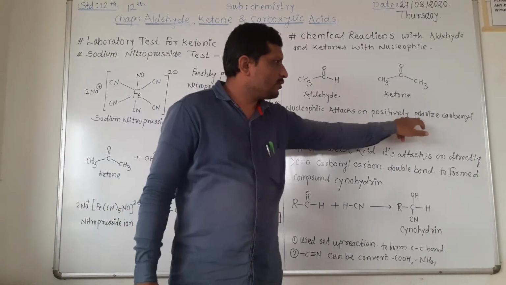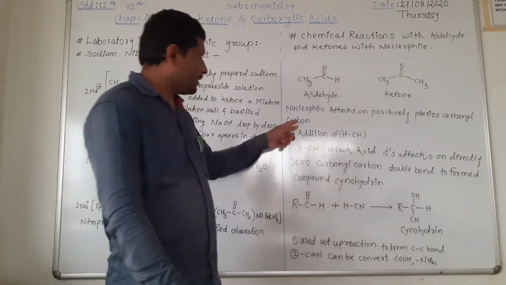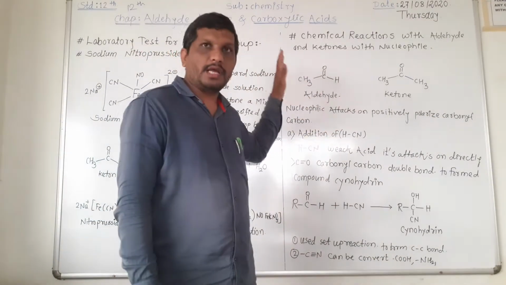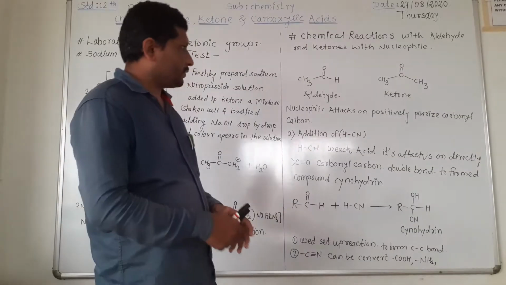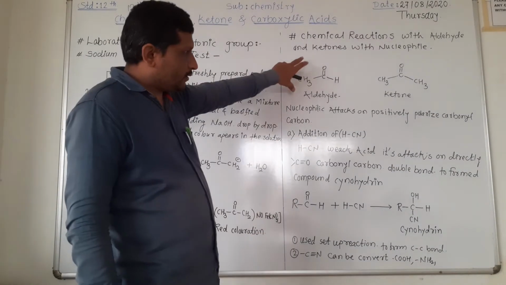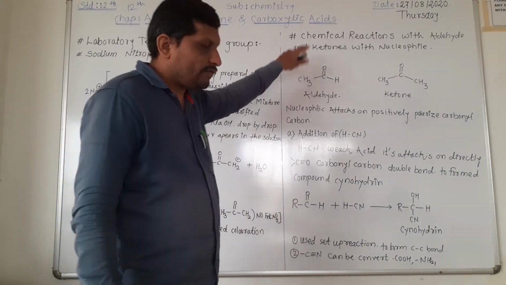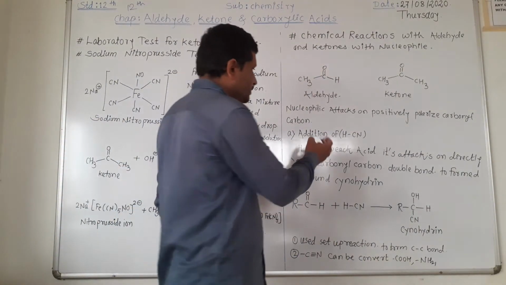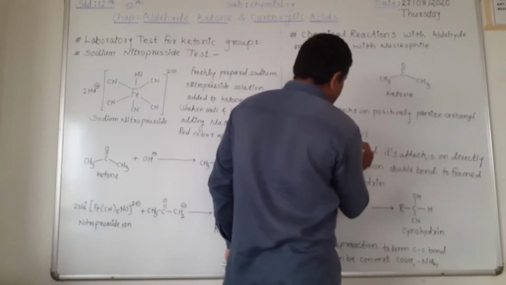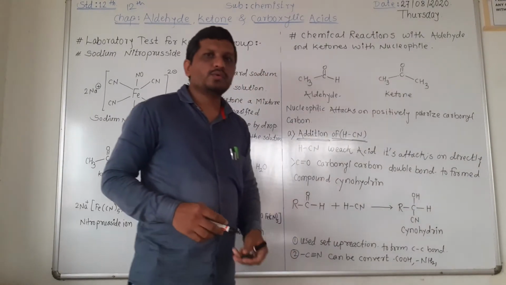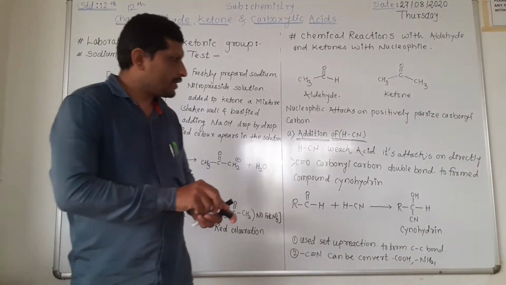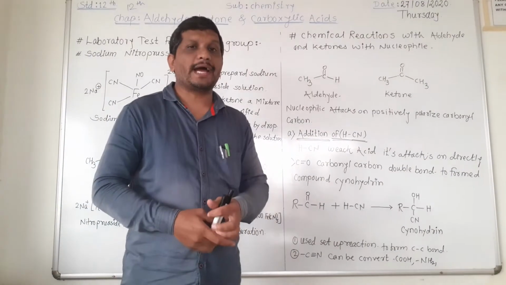Nucleophilic attack on the positively polarized carbonyl carbon is better in aldehydic compounds as compared to ketonic compounds. And on this basis, the following reactions start now, showing how the reactions take place. Now we continue with the addition of hydrogen cyanide.